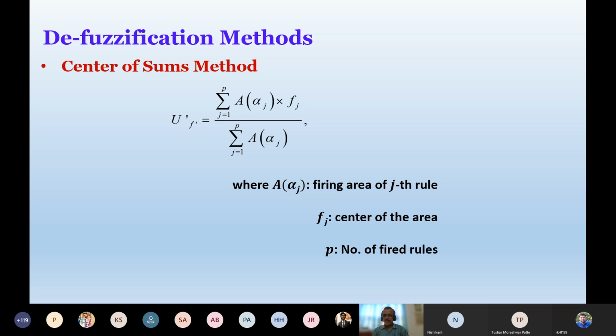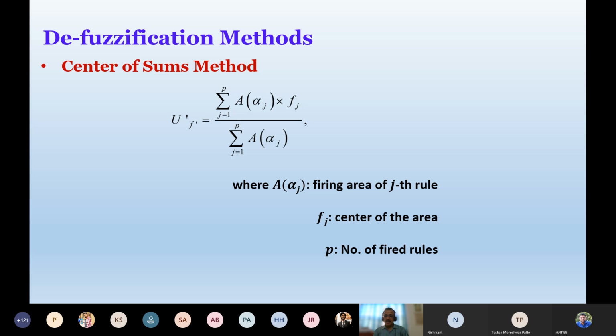Now this method is the oldest one and it has some drawbacks. Supposing that I'm using a nonlinear distribution for this particular membership, for example a Gaussian distribution or sigmoid distribution or bell-shaped distribution.